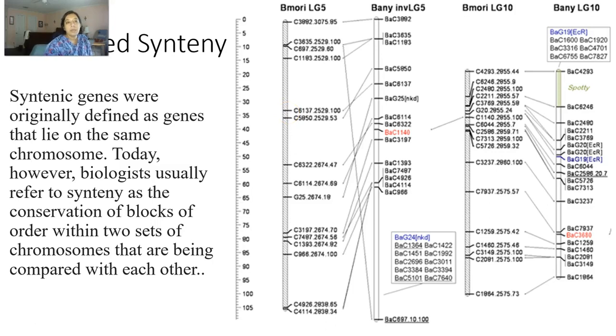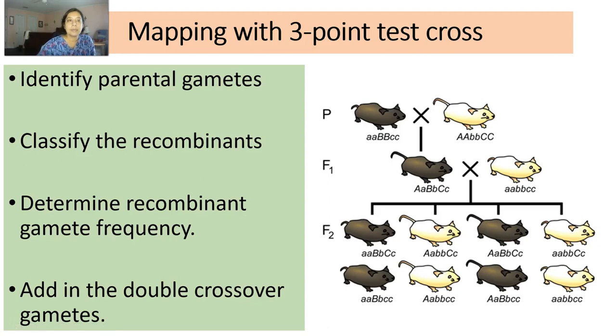Today we use synteny as conservation of blocks of order between two sets of chromosomes that are being compared. So looking at two different chromosomes and at how the recombination frequencies change between different loci on them. Again, genes that are close to each other are going to be more linked, so they will show up like that.